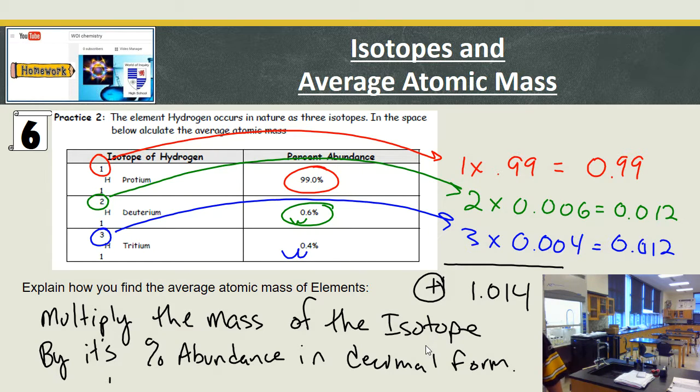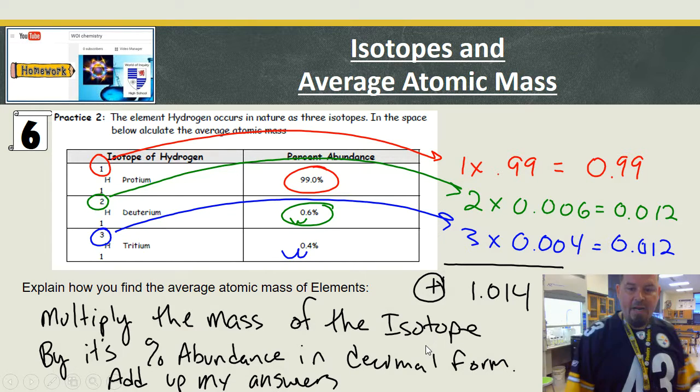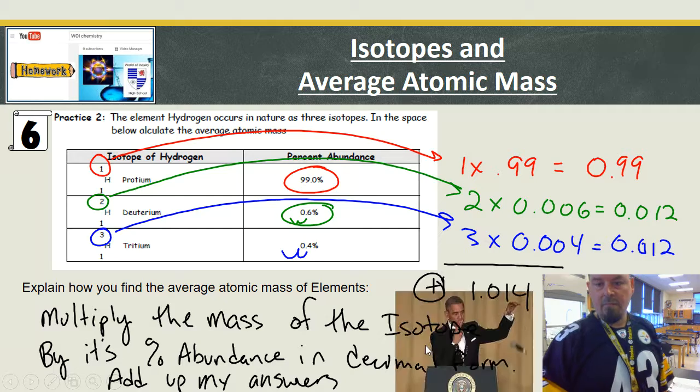And then I'm going to add up my answers. There you go. We just learned how to do it. Now we just need to do some practice and we're going to be all set. You ready? Done.